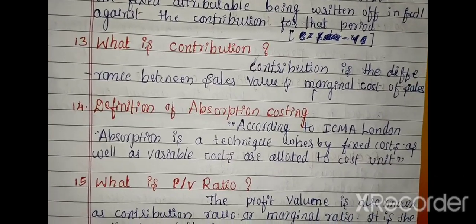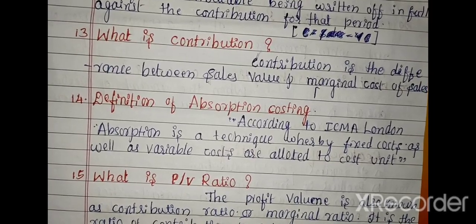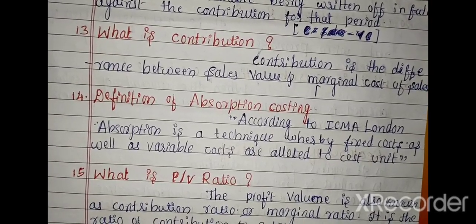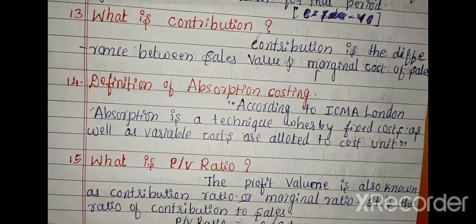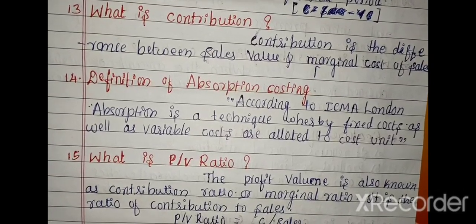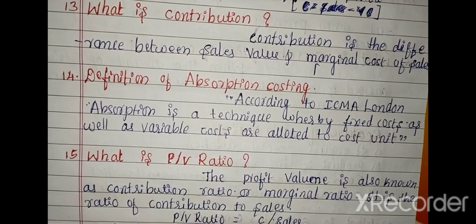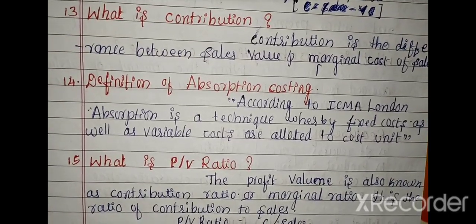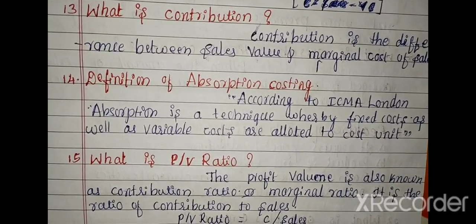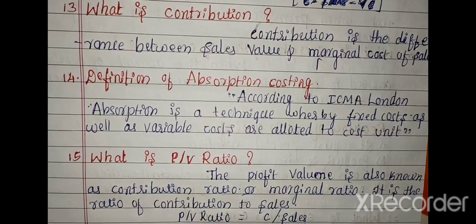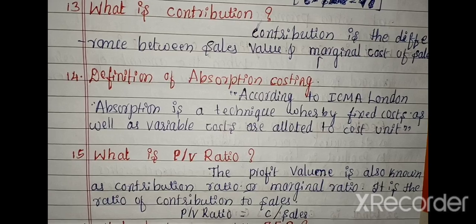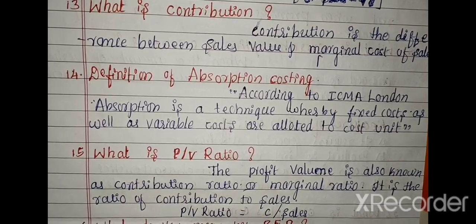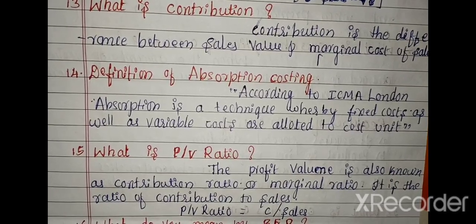And question number 14. Definition of absorption costing. According to ICMA London, absorption costing is a technique whereby fixed cost as well as variable cost are allotted to cost units. And question number 15, what is PV ratio?